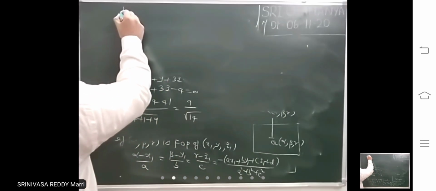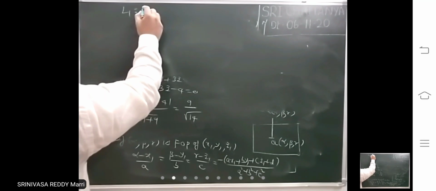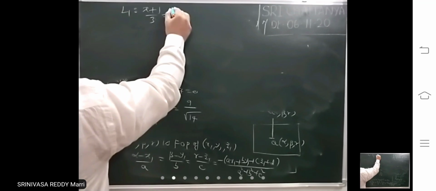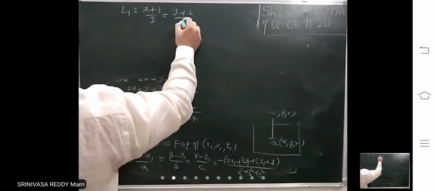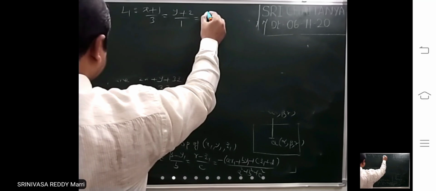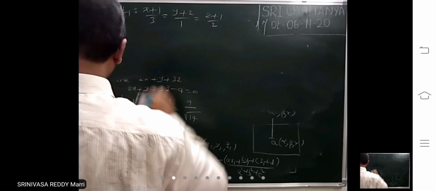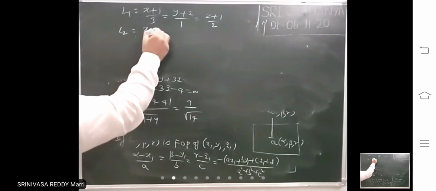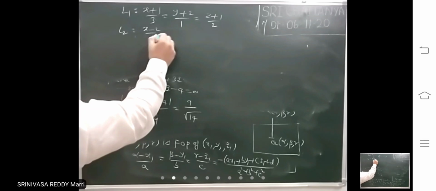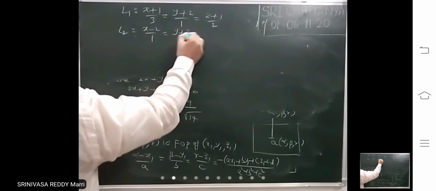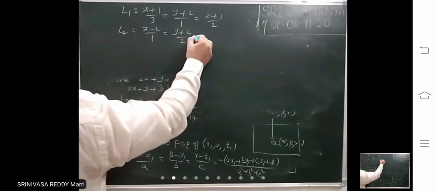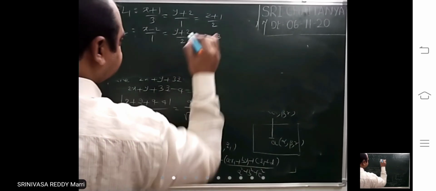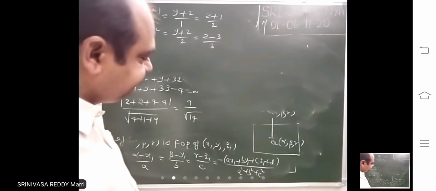Let L1: (x plus 1) by 3 equals (y plus 2) by 1 equals (z plus 1) by 2, and L2: (x minus 2) by 1 equals (y plus 2) by 2 equals (z minus 3) by 3. These two lines are given.